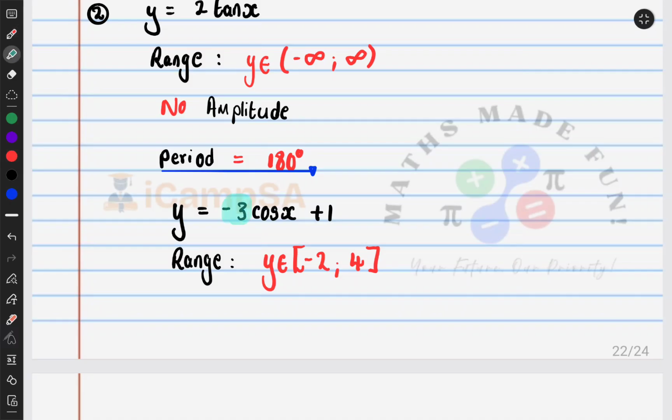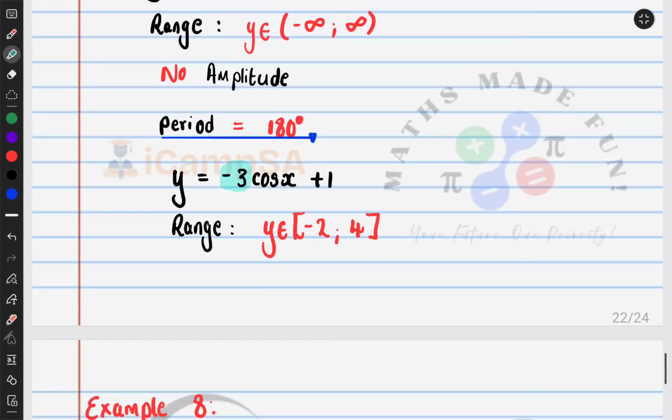And then our amplitude here is positive, so the amplitude is equal to a positive 3 units.